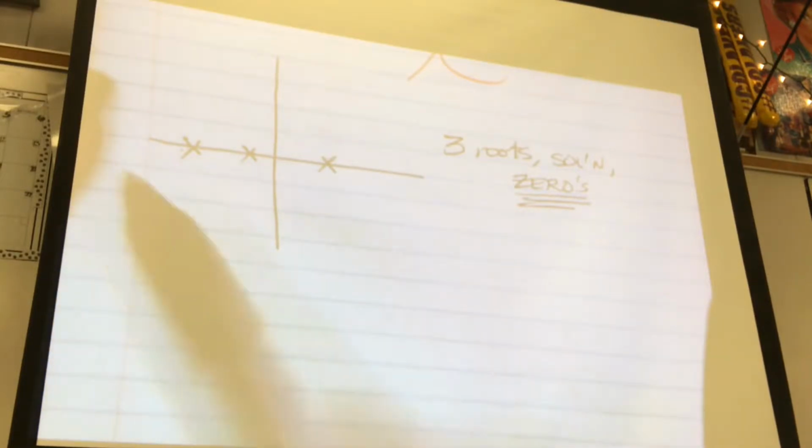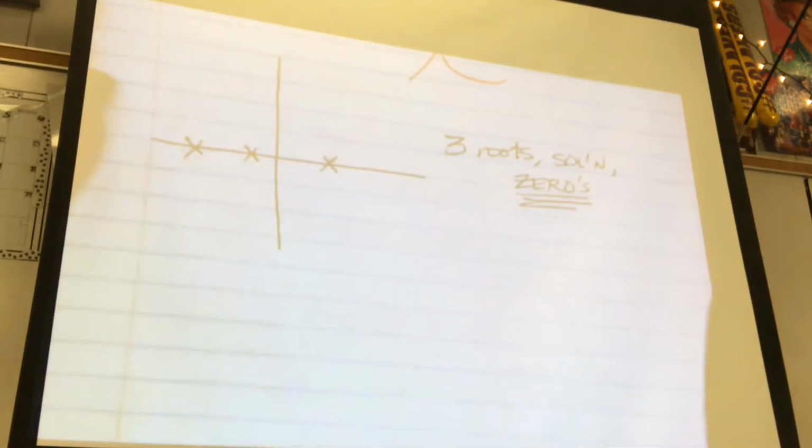If I want to pass through all 3 of these points, what would it look like? Hold it up and show your group. Show your pictures.